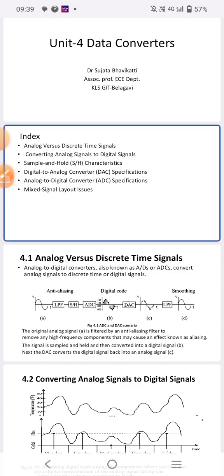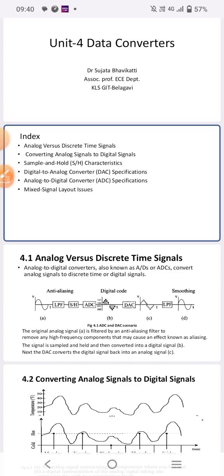So whatever analog signals appear in nature are converted into digital form, processed, transmitted, communicated, and finally we get back the analog signal from these digital signals. So at one end, if we go for analog to digital conversion, we require digital to analog conversion at the other end. Therefore these two types of data converters exist in communication and various other applications.